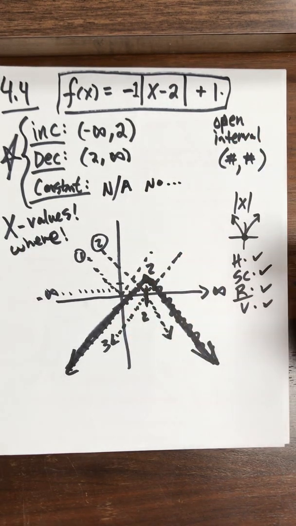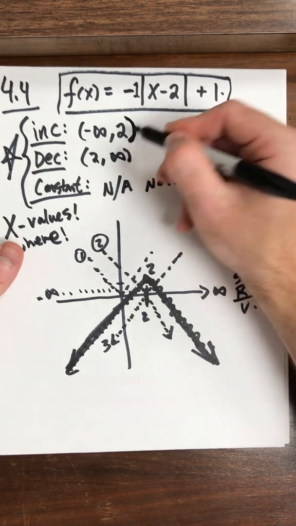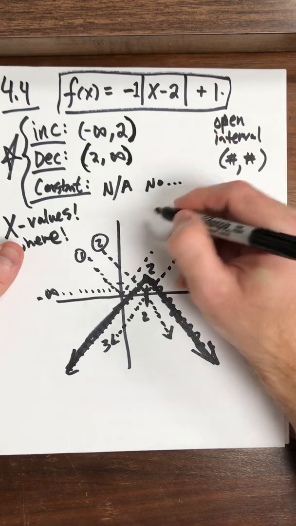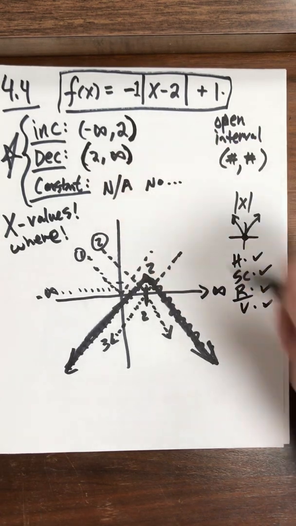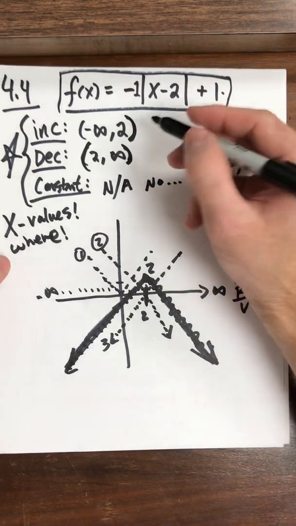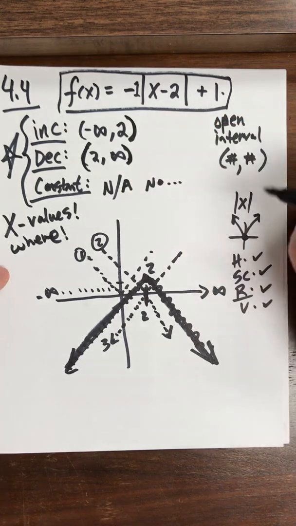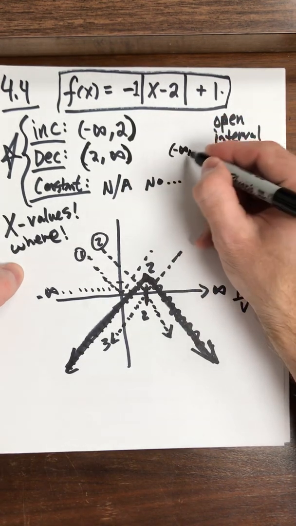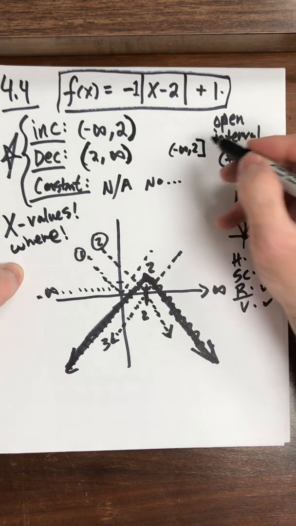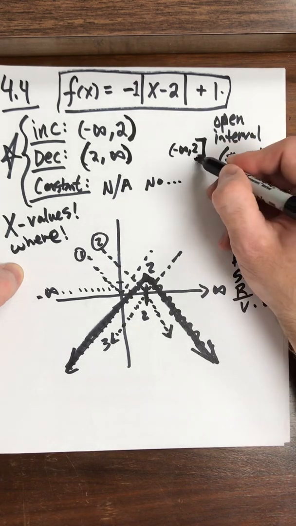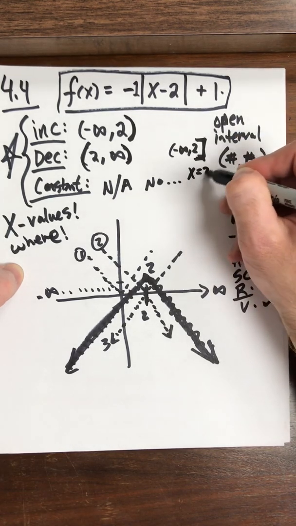it's not constant. Okay? Now, I told you I'd talk about why I use parentheses here, and I didn't use brackets. Some students are tempted to use brackets. What's the difference between the parenthesis versus the bracket? Well, if I wrote negative infinity to 2 bracket, okay, bracket adds in that point x equal 2.